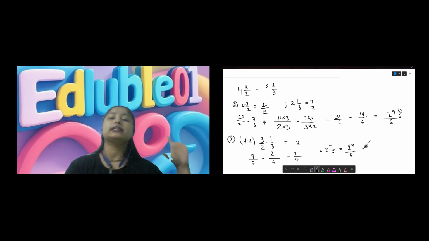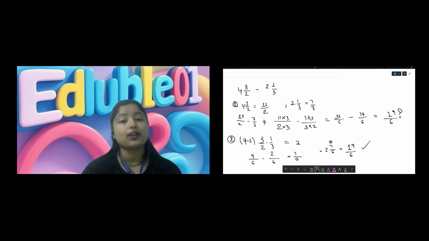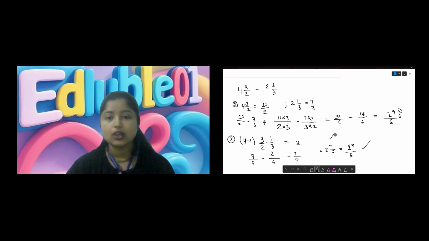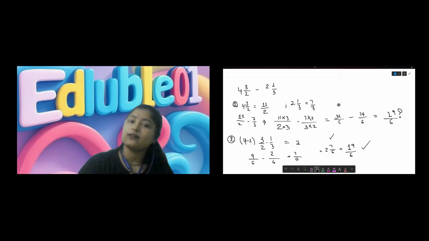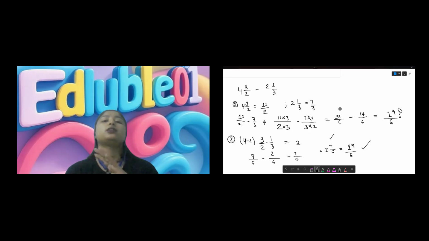You can convert your whole answer into an improper fraction while going with the mixed fraction process, or you can also try the other method. In this way, you will first convert the mixed fractions to improper fractions and then solve it. So these are the two ways.